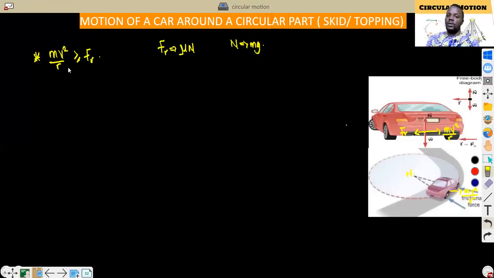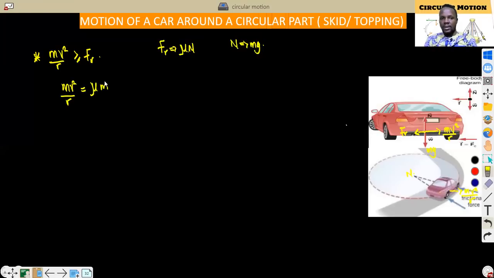This is the formula for friction. The normal reaction balances the weight, and weight is equal to mg. So for skidding, mv squared by r must be greater than or equal to, let's just set equilibrium, equal to the frictional force, which is mu n. What is n? mg.